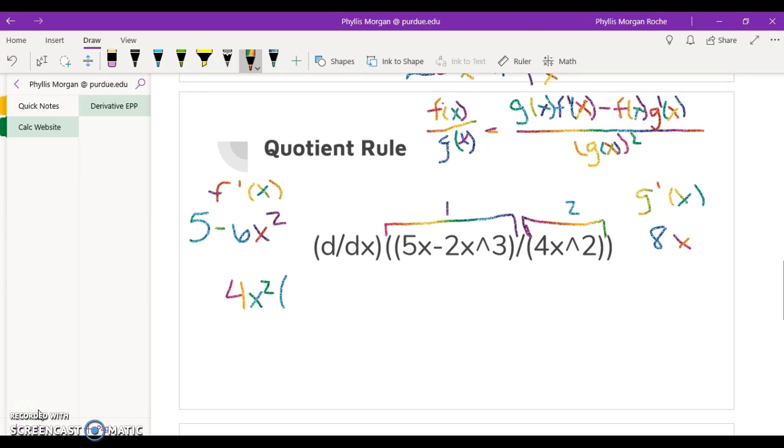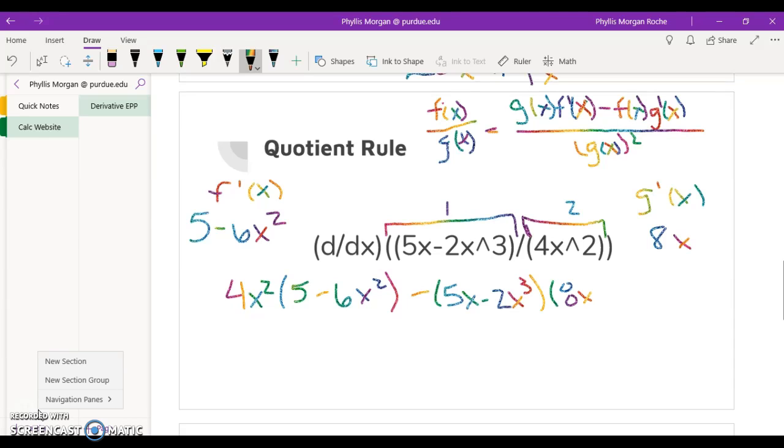So low d high, which would be the derivative of f of x, which is 5 minus 6x squared, minus high, so we're going to put the regular f of x, d low, which becomes 8x. All over g of x squared.